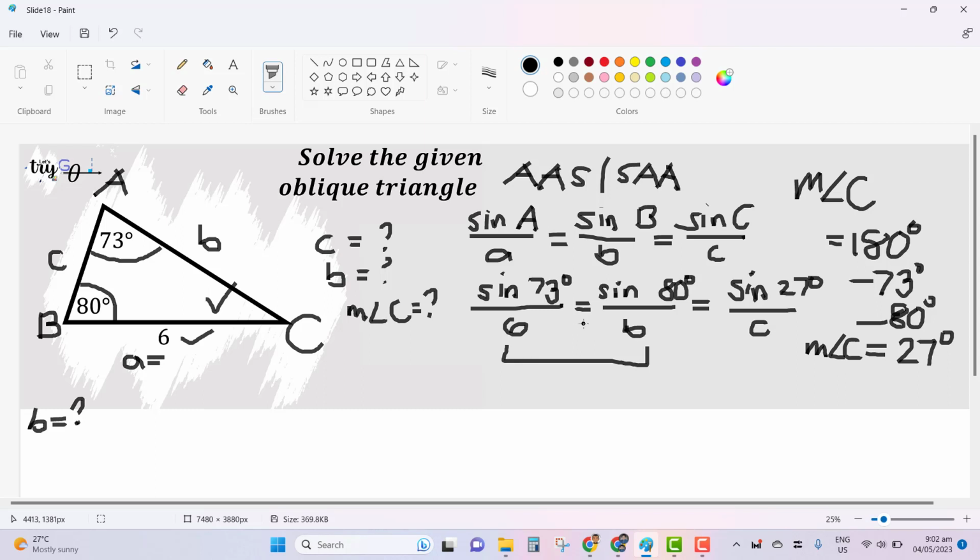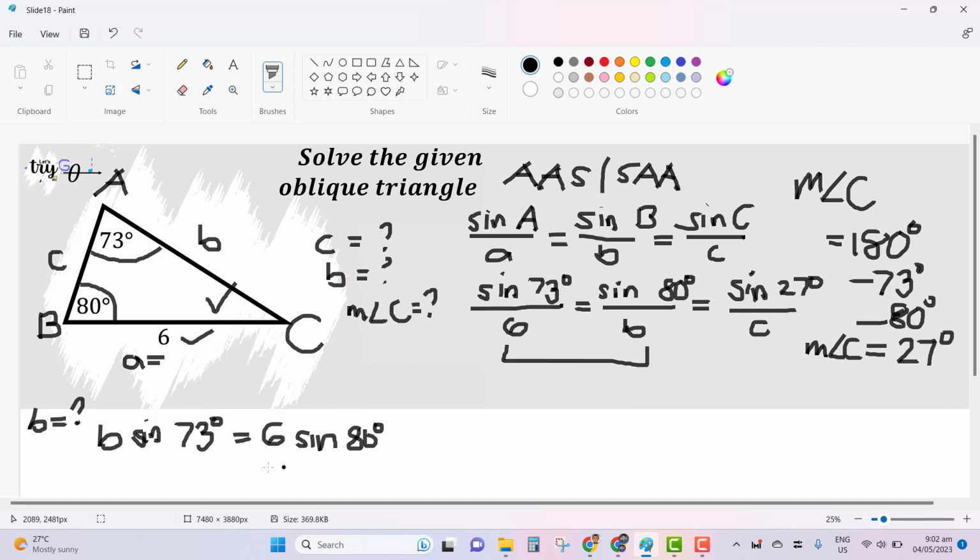We'll be using the fundamental law of proportion, or the very well-known cross multiplication, to solve for B. By doing that, you have B times sine 73. That will be your first result on your left-hand side. B sine 73 degrees must be equal to 6 times sine 80 degrees.